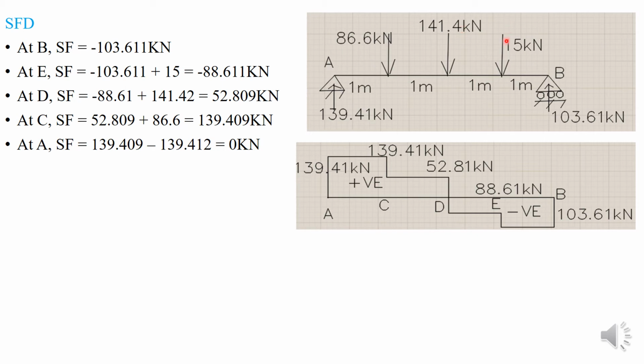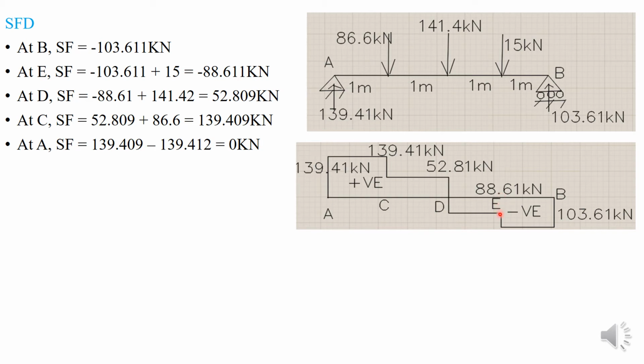Okay, so starting from the end B, here you can see RB, which is 103.61, since it is in upward direction, it will be negative. So minus 103.61 up to E, but at that point a plus 15 kilonewton load is coming. So minus 103.61 plus 15, that is minus 88.61, will be the net resultant force at E.